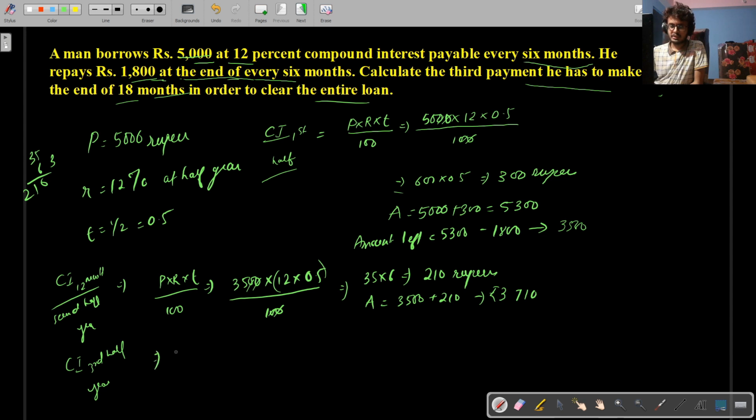Now the CI for the third half year. First we need to subtract something from this, right? He pays 1,800 at the end of every 6 months. So the amount left is equal to 3,710 minus 1,800.